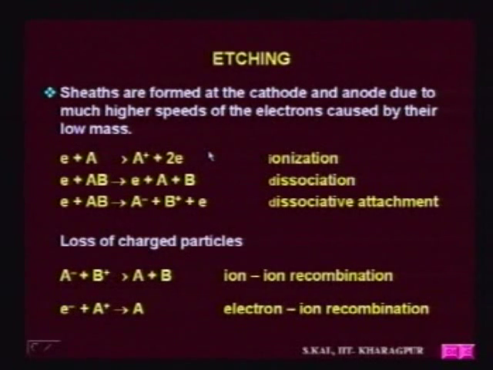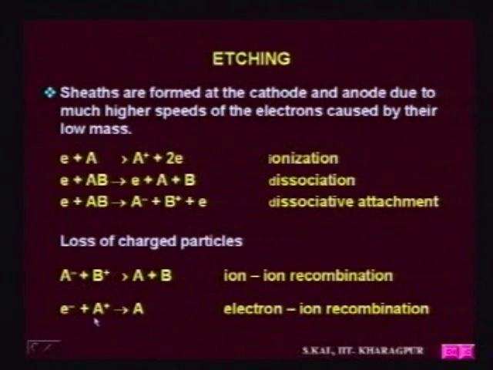On the other hand, it is also happening inside the plasma chamber that charged particles will be lost due to recombination. You cannot prevent it, because some of the ions will hit the surface, or some of the ions again recombine with electrons and become neutral. For example, A minus and B plus recombine together, which is known as ion-ion recombination, and they form A and B as individual entities, but no ionization.